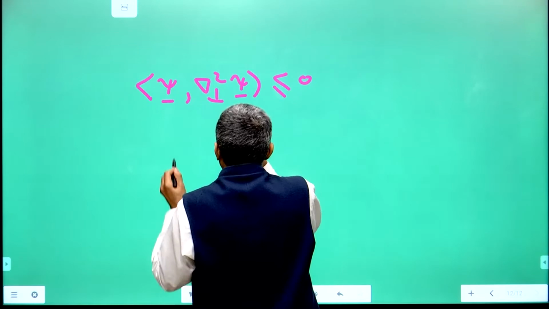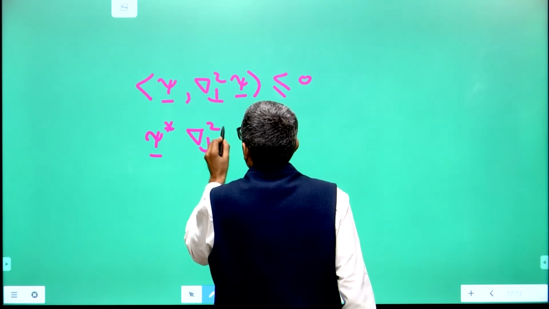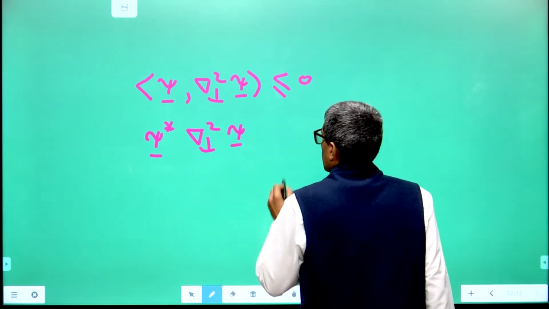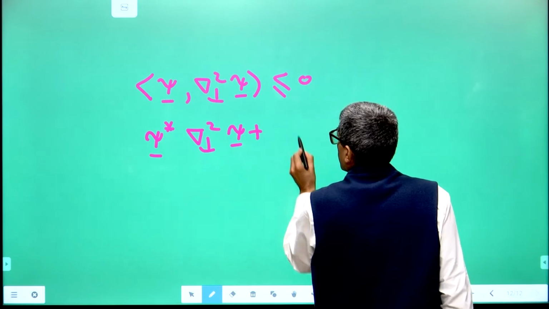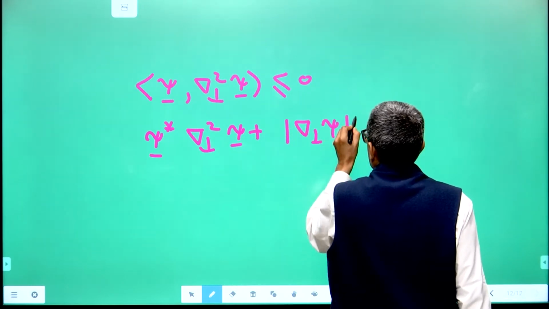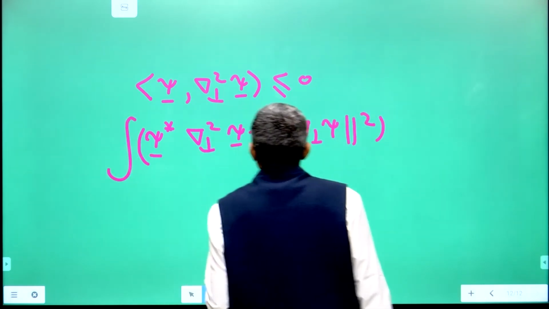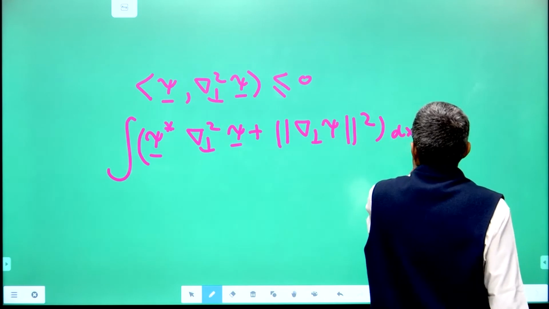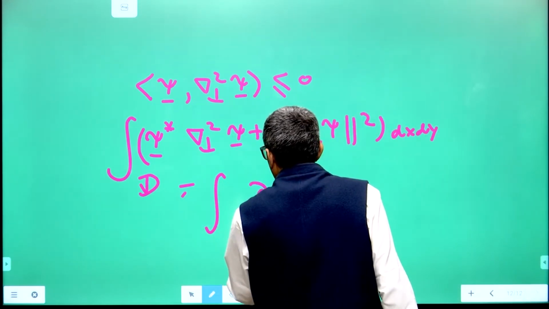That follows from the fact that if you write psi star del perpendicular square psi plus, applying Green's theorem in this form, del perpendicular psi star del perpendicular psi, which means the norm of mod of this square, this quantity dx dy over the cross section of the guide is equal to the integral of dou by dou n.